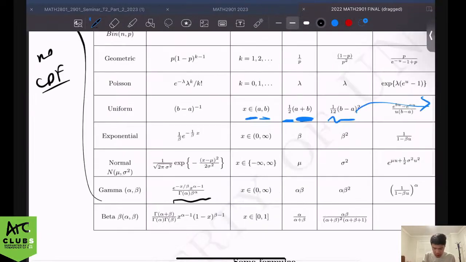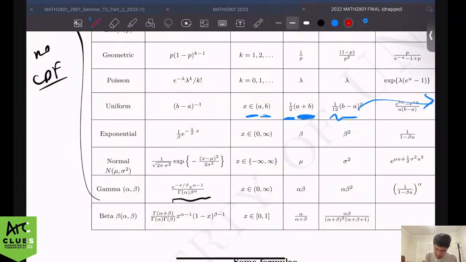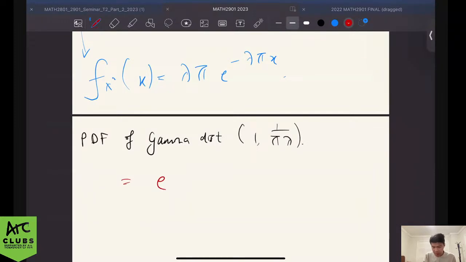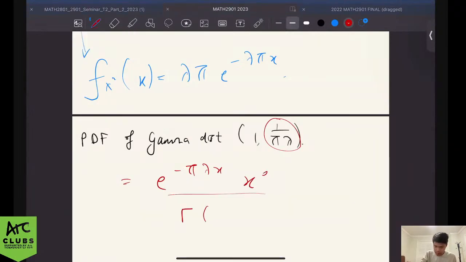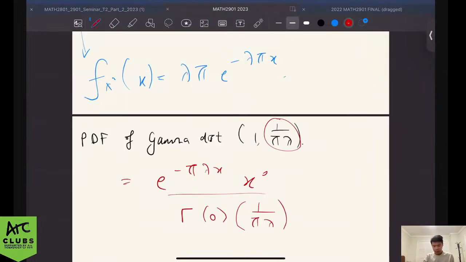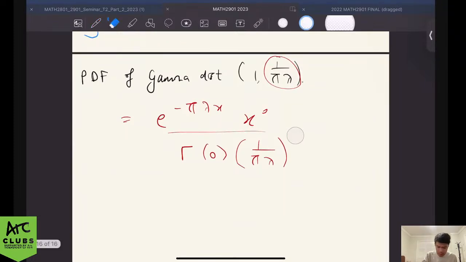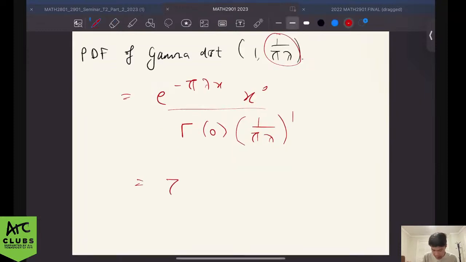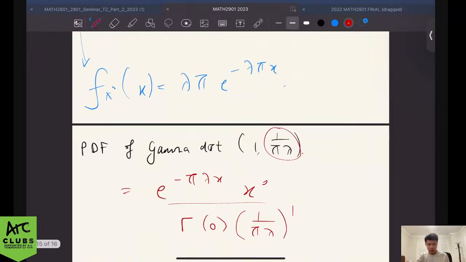Alpha is 1, of course, so e to the minus x divided by this thing, so e to the minus pi lambda x, all of that times x to the power of 0, divided by gamma 1, times this to the power of minus 1, okay? Sorry, 1. So that'll be the same thing. And so because the PDFs are equal, you can conclude that they're equal in distribution, okay?